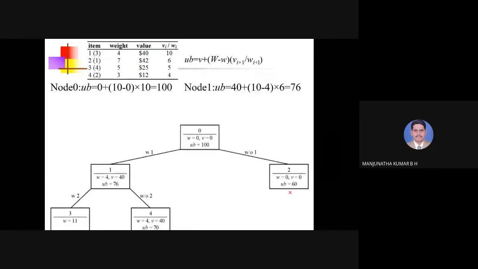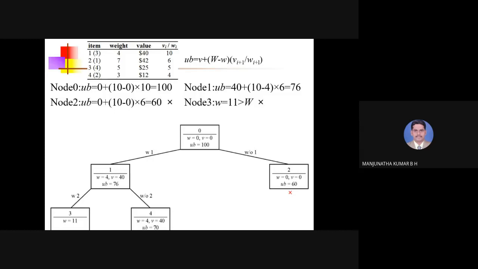Upper bound UB is calculated using the same formula. So now let me explain how node 1 values are calculated. It is already shown here. Node 1, upper bound equals V, small v, how much here? 40, plus the remaining capacity.